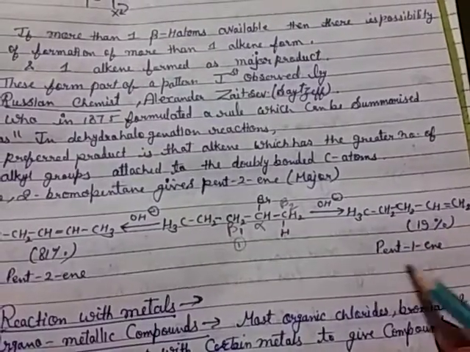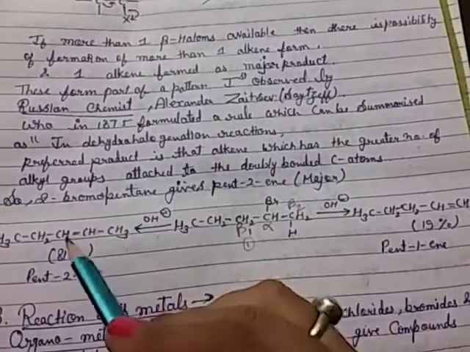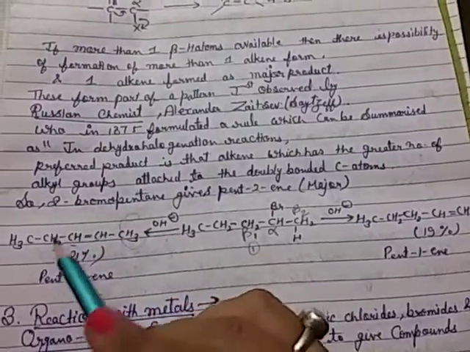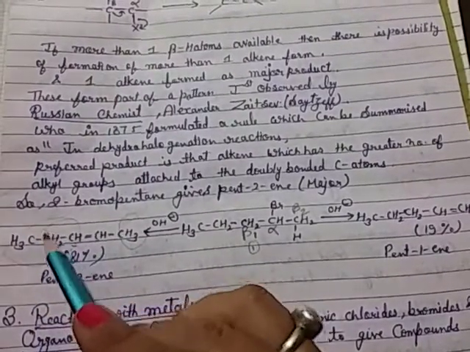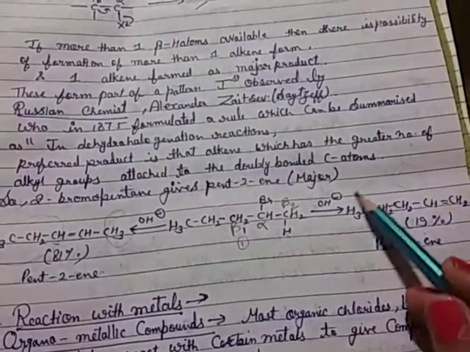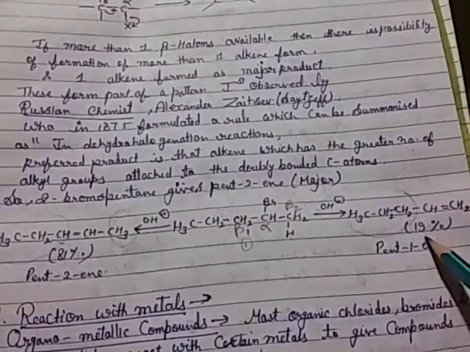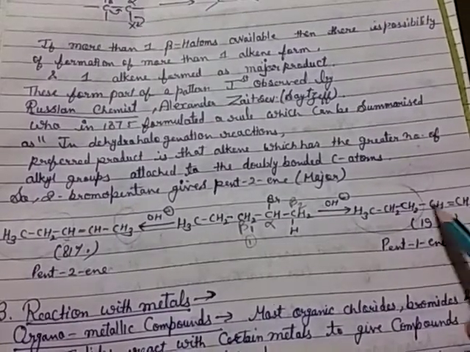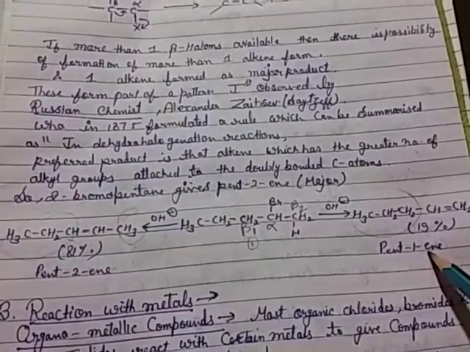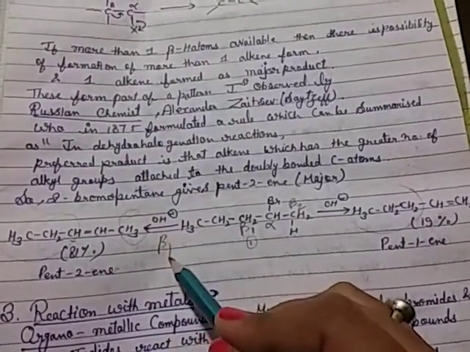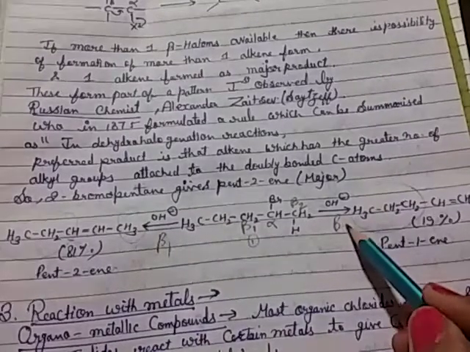That gives 19% pent-1-ene. The reason is that in pent-2-ene, each carbon of the double bond has one substituent, so there are two alkyl groups, while in pent-1-ene only one alkyl group is attached, so less of it forms. The first is the major product and the second is the minor product. This is the beta 1 side and this is the beta 2 side.